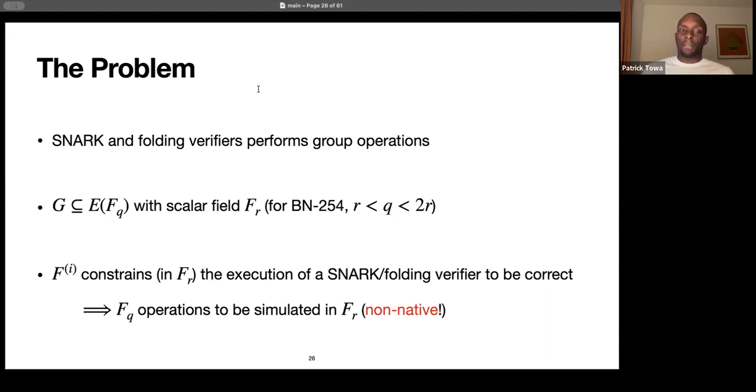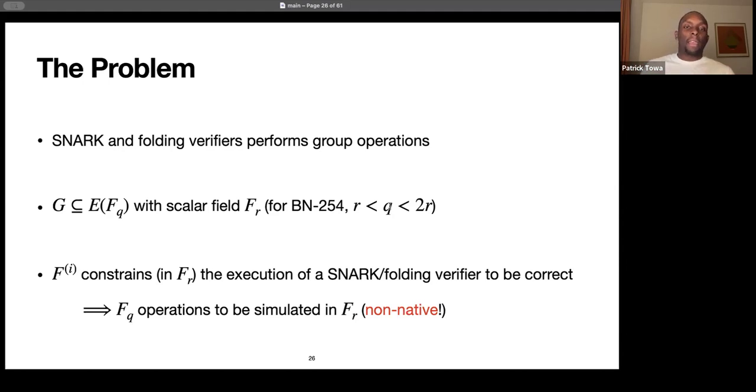This group has some prime order R, and you then have a scalar field, FR, which is also prime. In the case of BN254, Q is in between R and 2R.